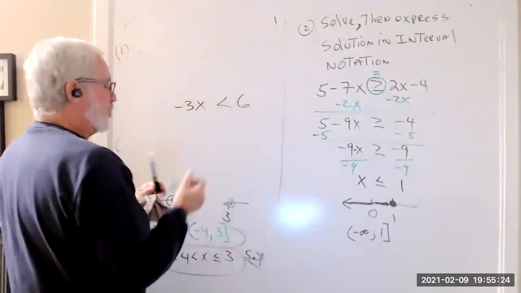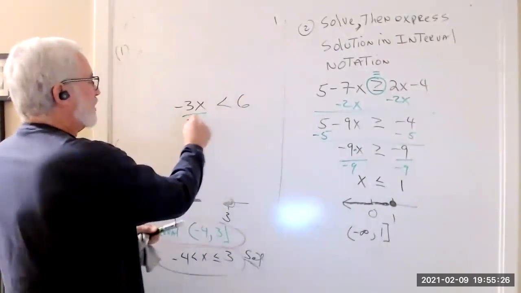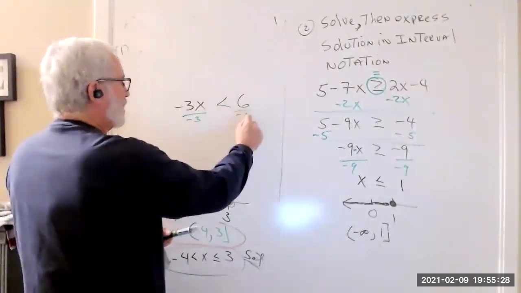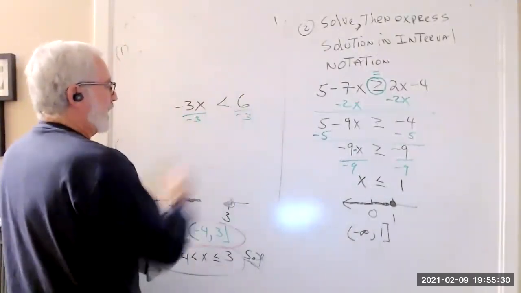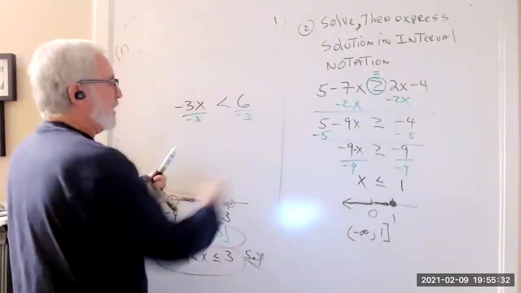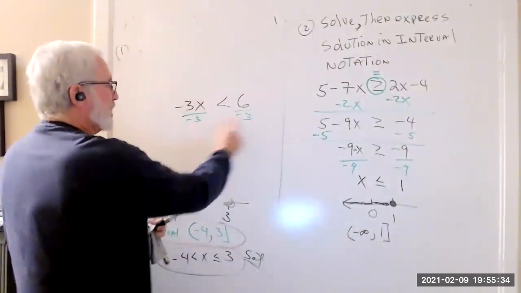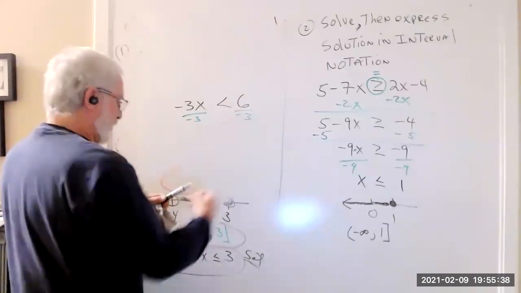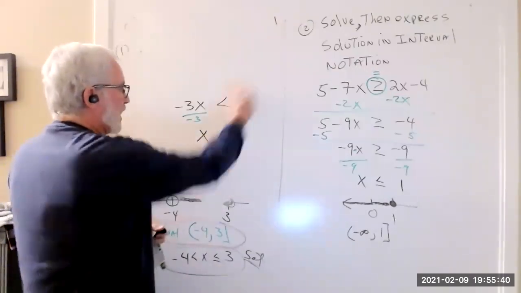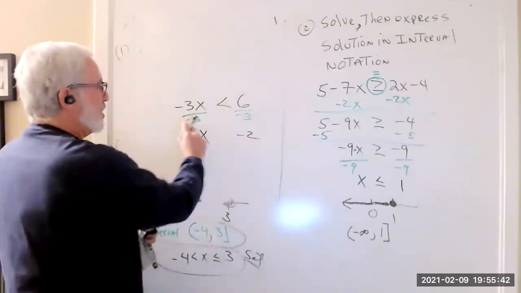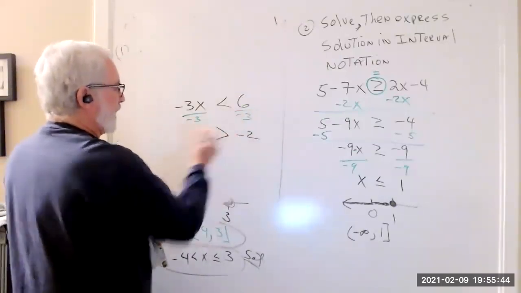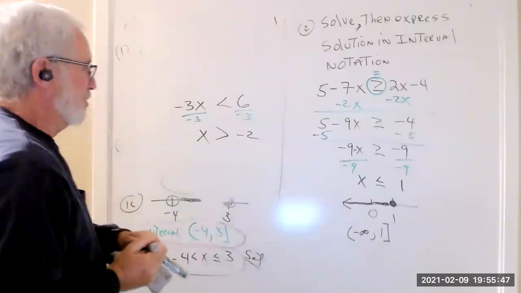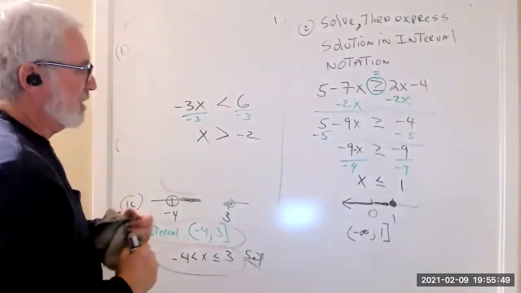You're still going to flip it because you have to divide by negative 3. This answer is negative 2. I don't care what this is. How did I change the problem? I changed it by dividing both sides by a negative. So this is x, this is negative 2. Because I divided by a negative, that flips over. Okay? Got it. Thank you.